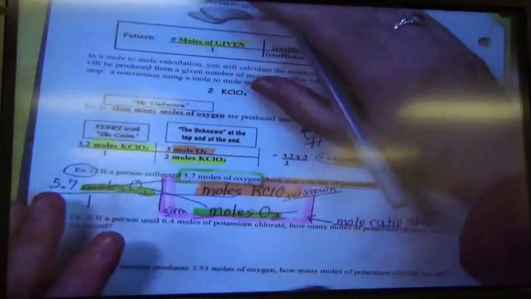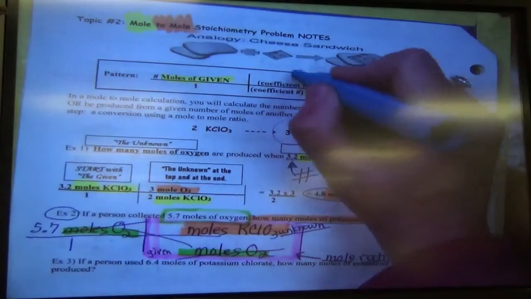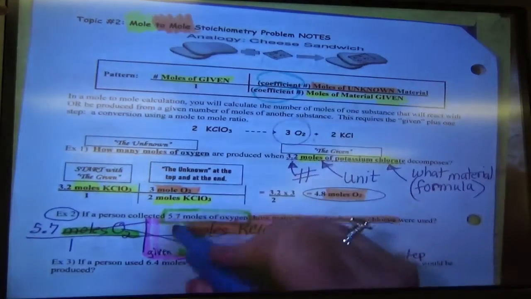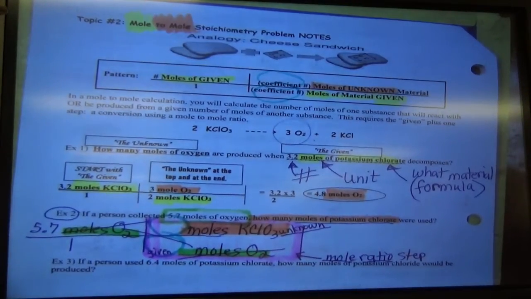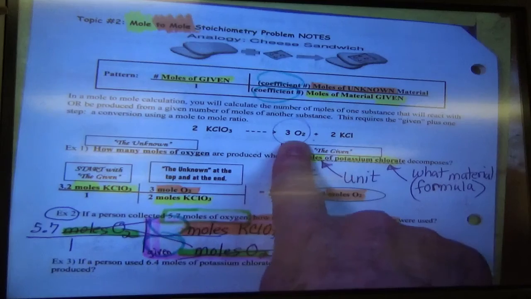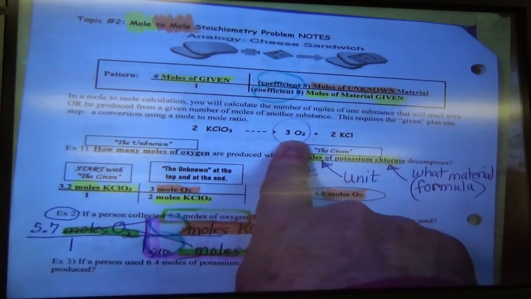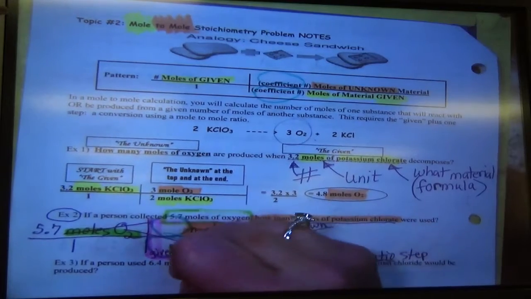And as the pattern shows, we're going to use coefficients to find the numbers. We're going to use coefficients to be the numbers in a mole ratio step. So if I look at the equation, what's the coefficient on oxygen? 3, right? You see how O2 has a 3 in front? So that's where my 3 is coming from, the equation.